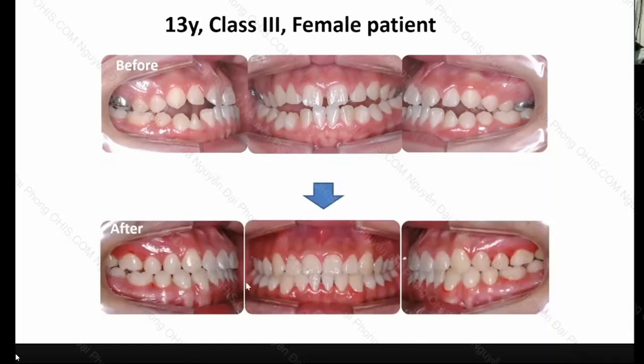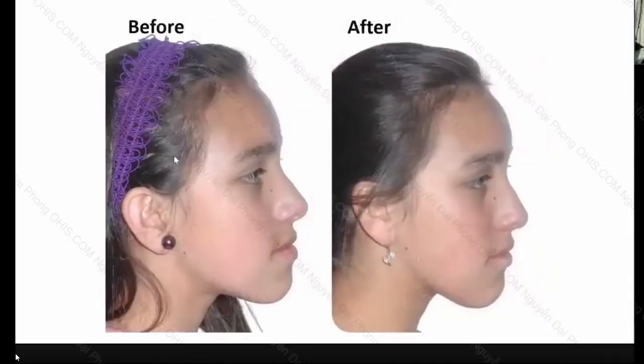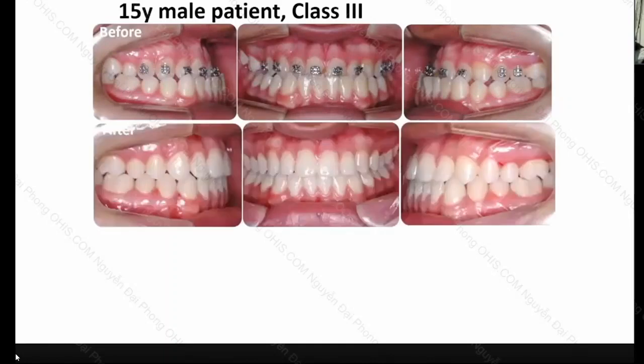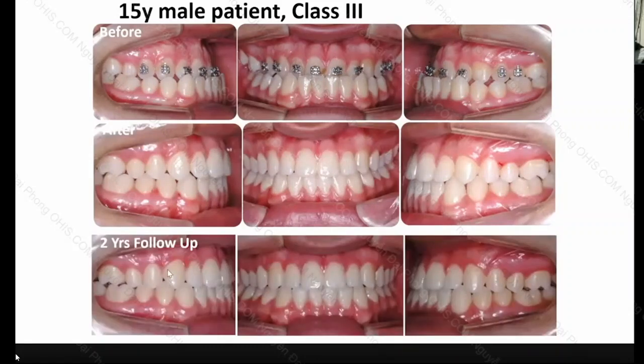Okay, another before and after profile change. This is another case, a 15-year-old patient, treatment like this, before and after. And then 2 years follow-up. It maintains nicely, and before and after profile change.